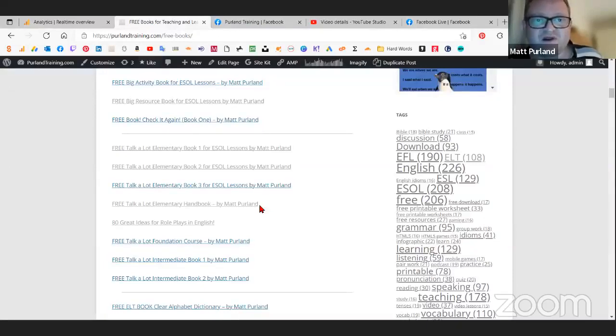That means you can even use them commercially. You can print out copies of the book, make some books and sell them at the market or in a shop, wherever you want. You can adapt the books, and download them as Word documents as well, which means you can edit them, take out what you don't like, add something you do like, add some pictures or photos.